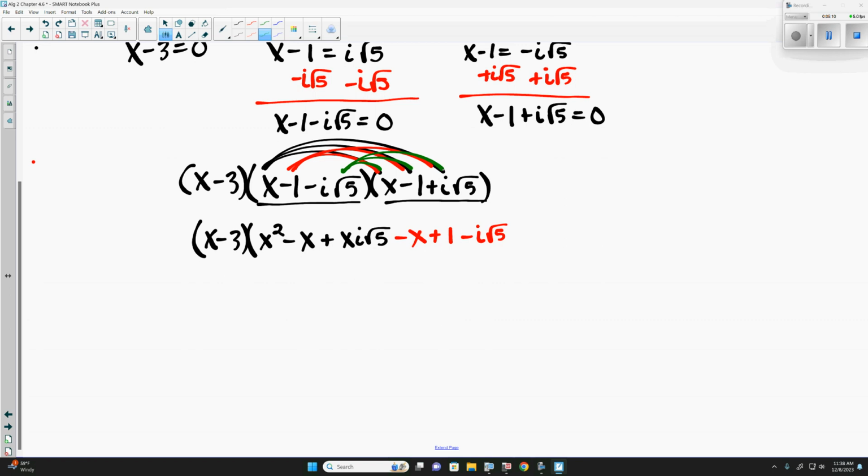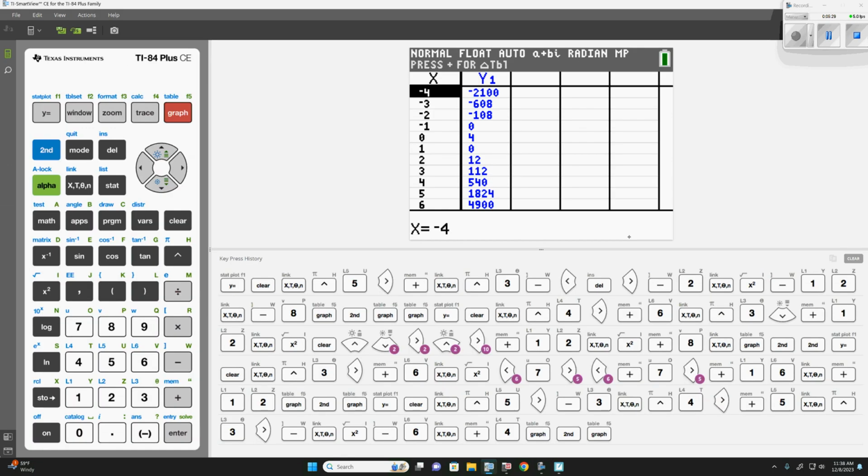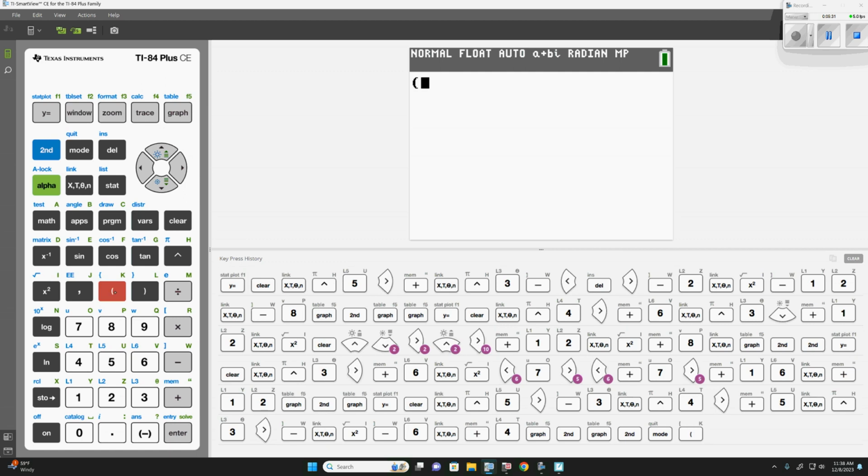And lastly, distributing our negative i square root of 5, well, negative i square root of 5 times x is negative x i square root of 5. Negative i square root of 5 times negative 1, negative negative makes positive i square root of 5. And lastly, we have negative i square root of 5 times i square root of 5. Well, luckily, if we wanted to put this in the calculator, we could.